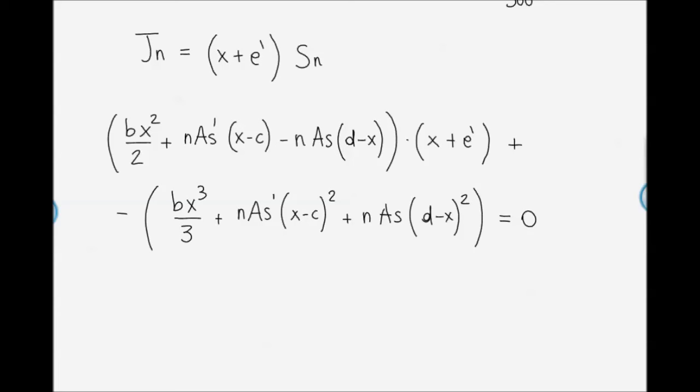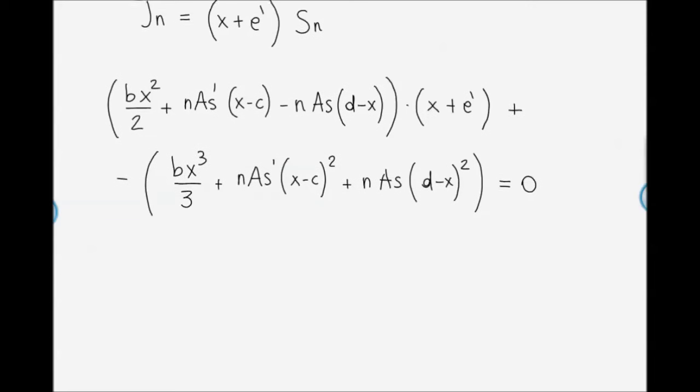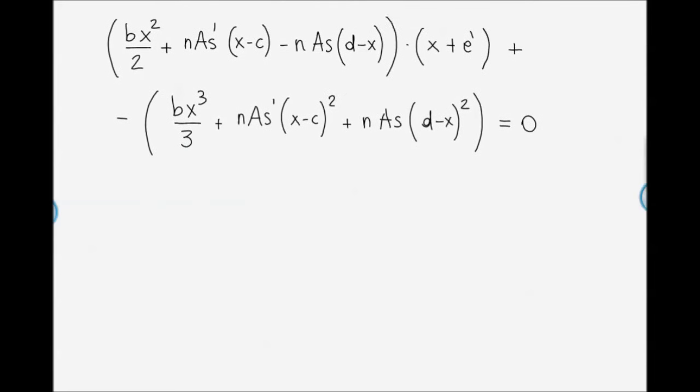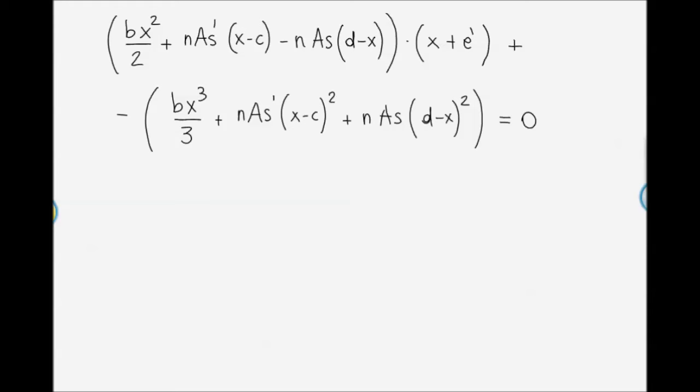Well, this expression, after some simplification, becomes the equation we have already seen, that is here reported.